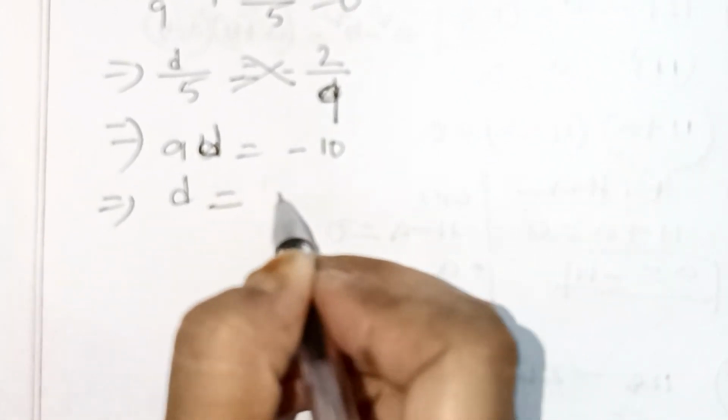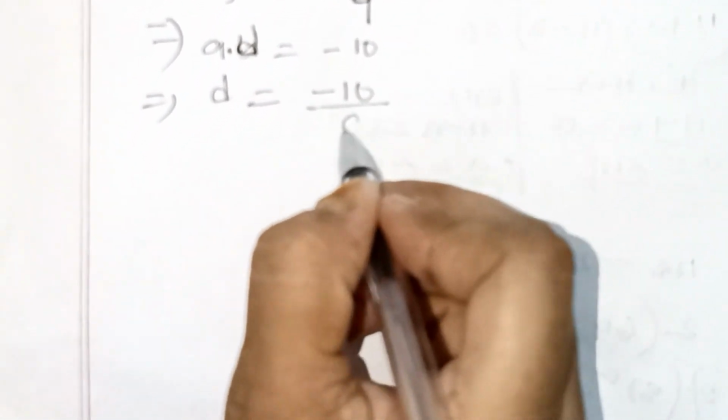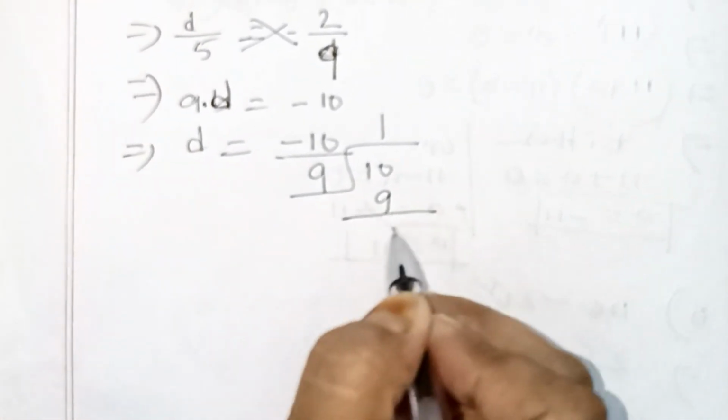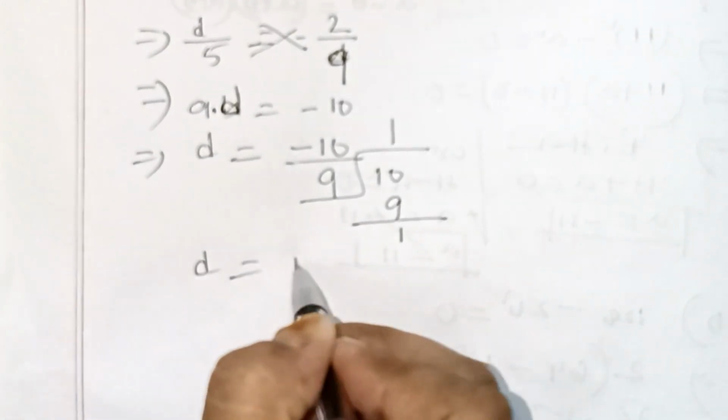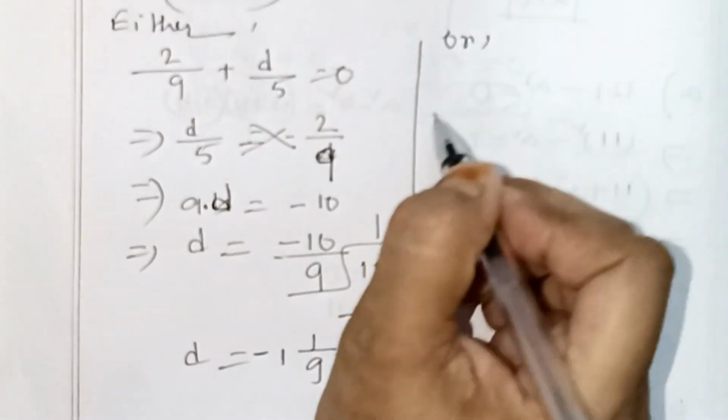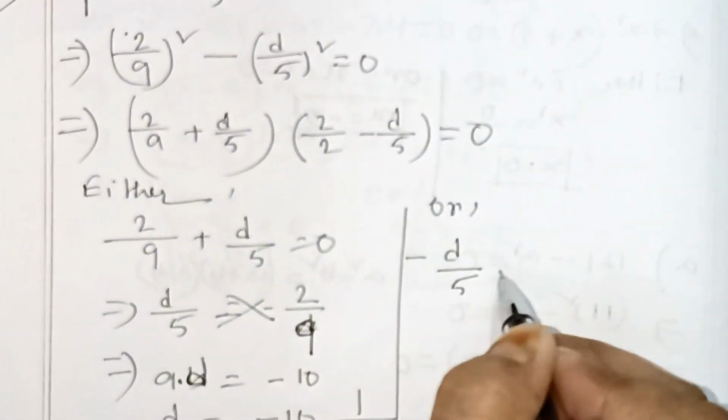So d is equal to minus 10, it will change on the right hand side, divided by 3. So d is equal to minus 10 by 3, or minus d by 5.